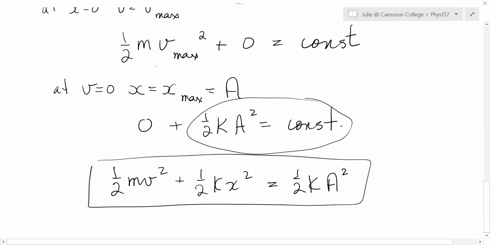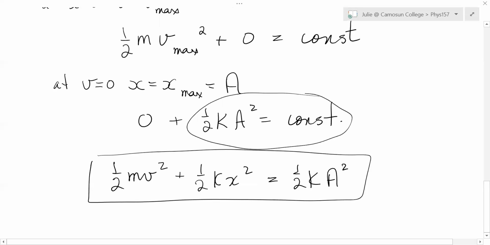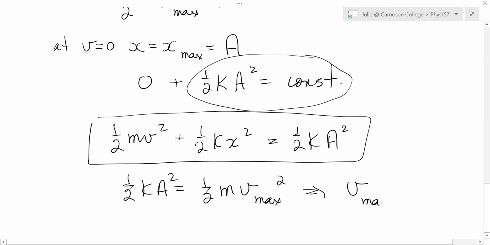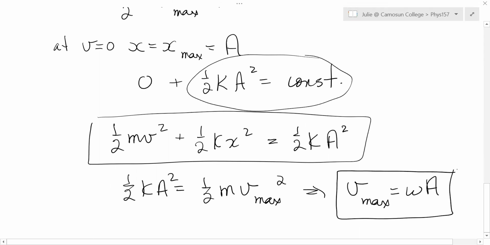Now, the V max, if you put those two together, if you put that 1/2 ka squared the same as 1/2 mv max squared, this is how you get that V max is omega A. And that's super handy. Lots of questions about what is the maximum speed.